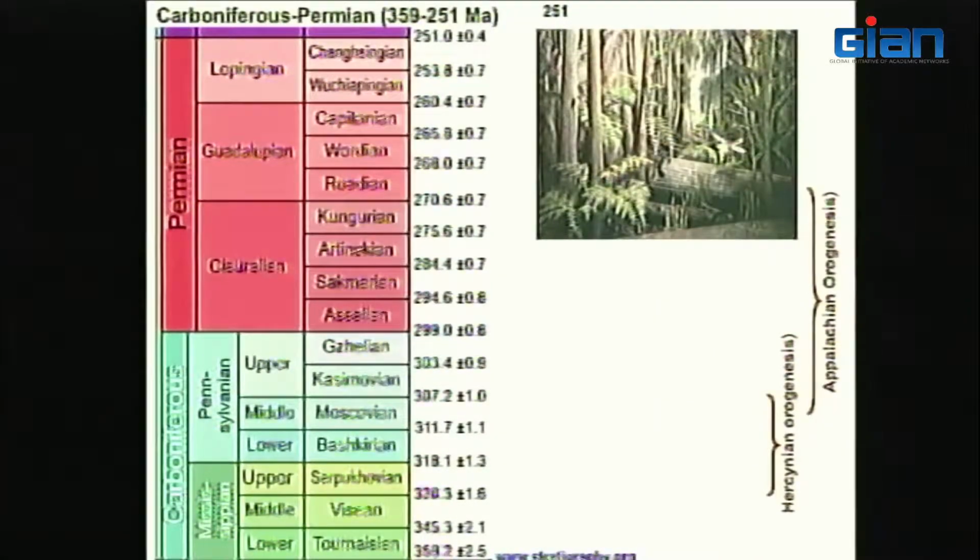You can see that it's quite a long period, almost 100 million years. And the Carboniferous, as the name indicates, is the time of the plants, huge forests almost everywhere, and very low CO2 content. And in fact, during the Carboniferous, there was probably more oxygen than today.